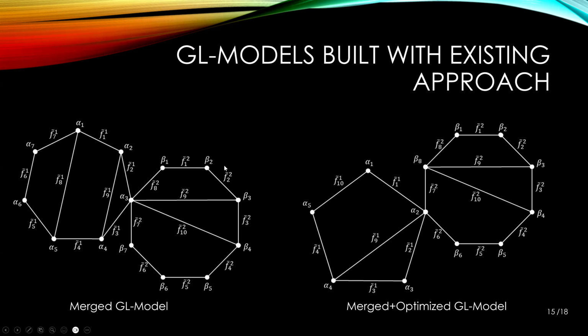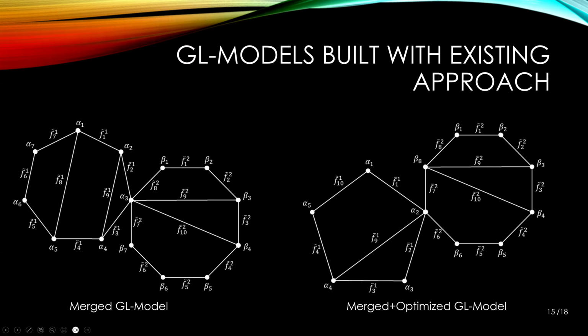We can also use the existing approach based on graph merging for this system, and the resulting model is presented here on the left side of the slide. However, when we build this model, we can see that some edge functions become trivial, in particular f equal to 1.